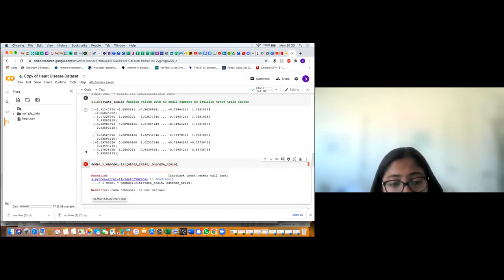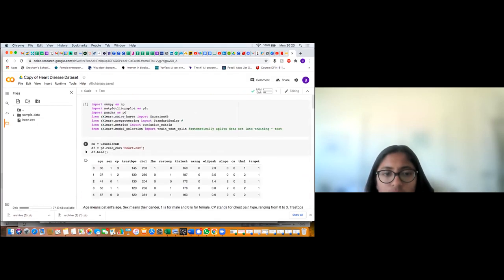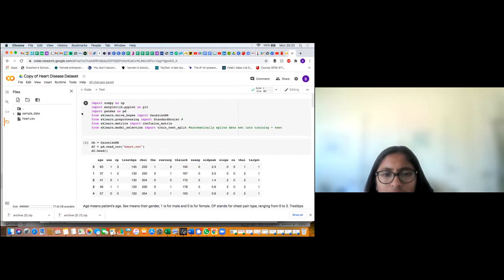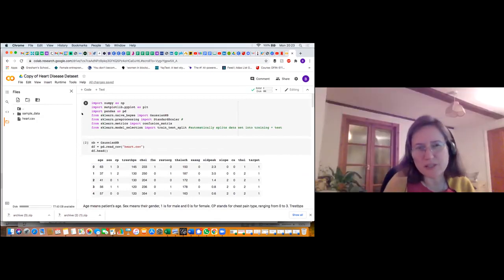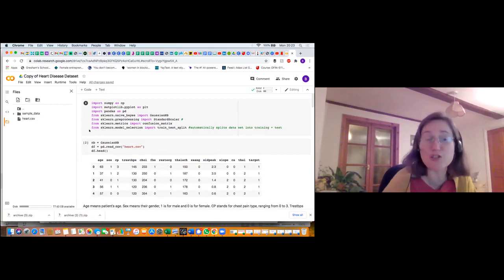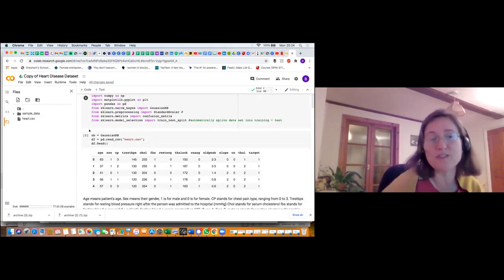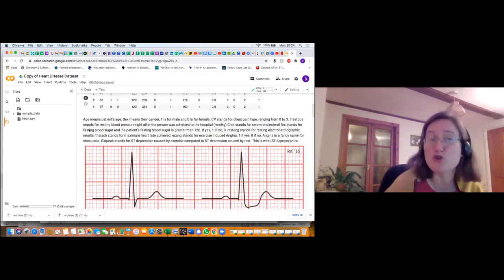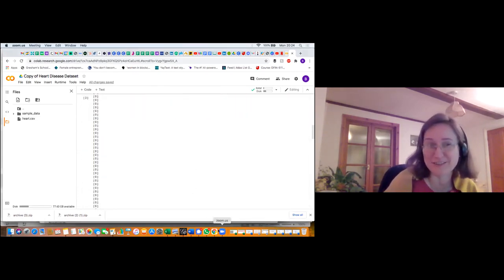It says NB model isn't defined. If you scroll all the way up to when you imported everything, what did you name it? It's not an import. NB model just isn't instantiated. There were 2 lines in the slide that you needed to copy in, and you didn't copy the first line, Bridget.